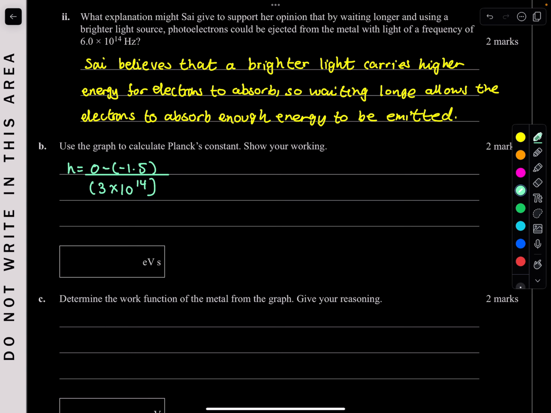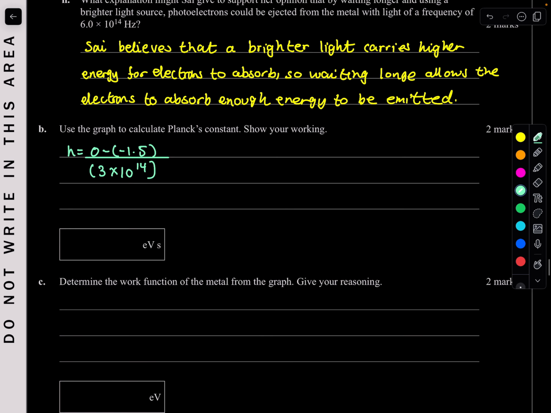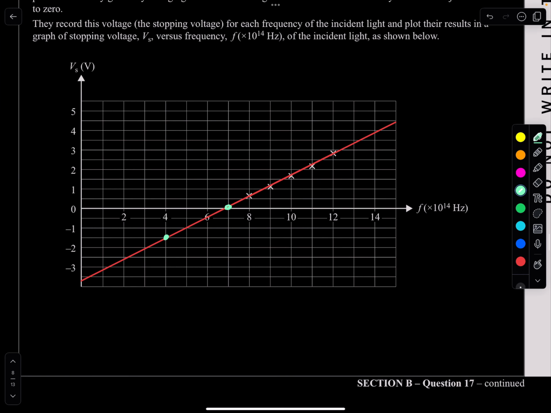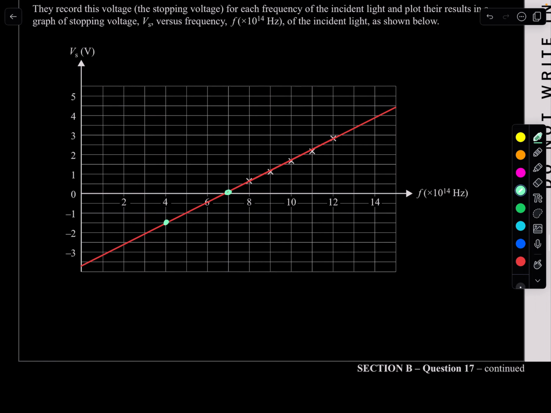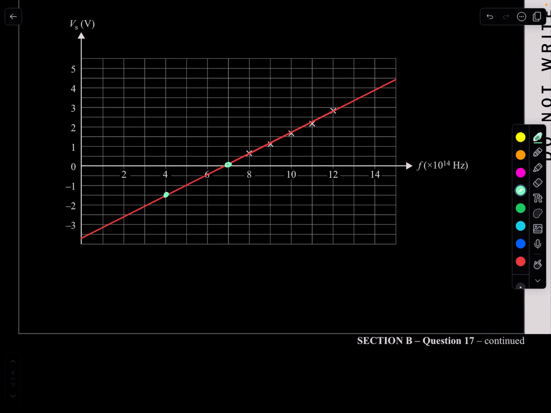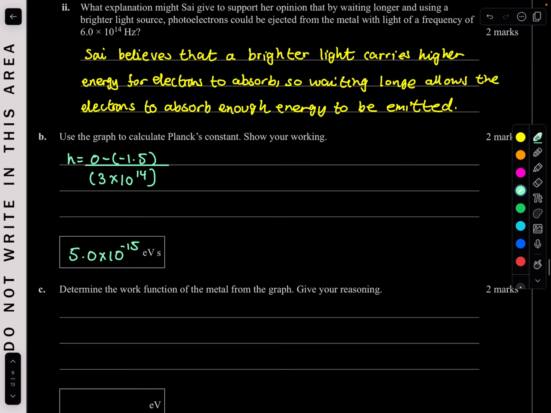Yep, so 7 minus 4 is 3, and that should give me my answer: 1.5 over 3 times 10 to the power 14 gives me 5.0 times 10 to the power of negative 15 electrovolts. That looks correct to me. So 7 minus 4, yep, that's 3, and yes, so 1.5. That looks good. So done.